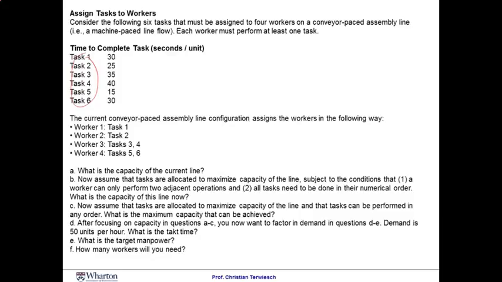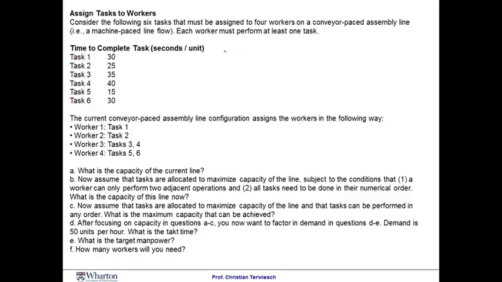Now, a word of caution as you start the optimization here to maximize capacity given these 4 workers. As I said in class, there is a way of mathematically formalizing a fancy mathematical optimization problem, but this is really overshooting it. With numbers as small as they are here, it's a process of trial and error. You have to just try out different assignment combinations to see if you can further increase the capacity. Good luck!